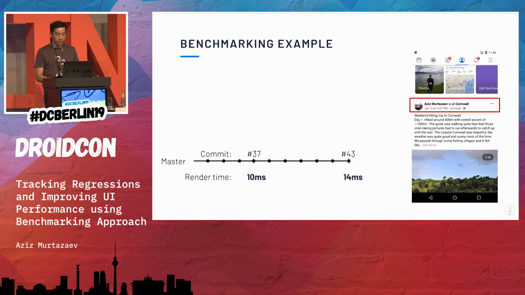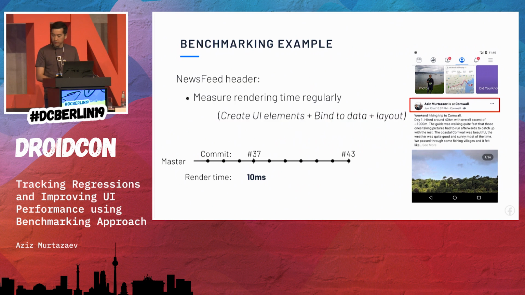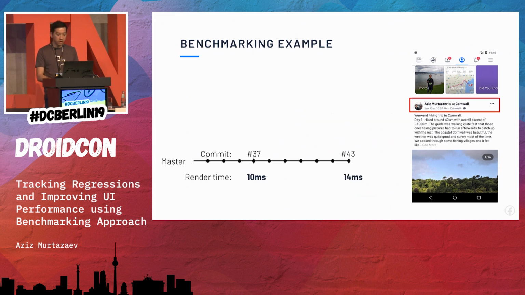So we found that the rendering time increased from 10 to 14 milliseconds, and there are a lot of commits between two measurements. So we don't yet know which commit caused the regression.